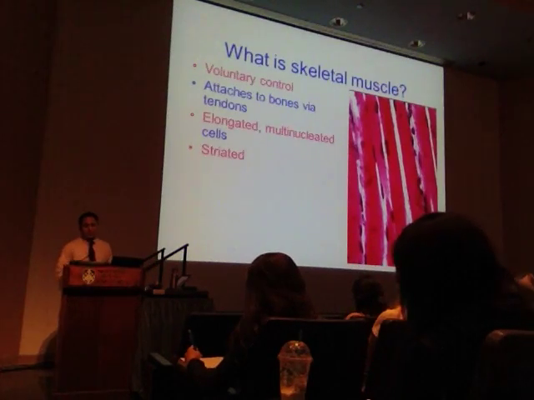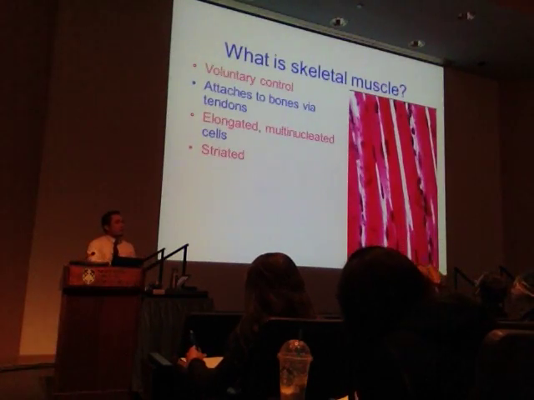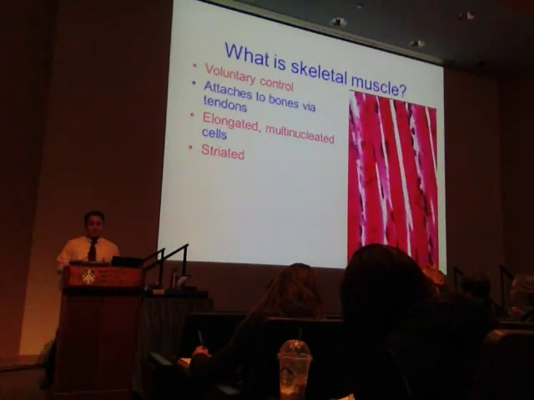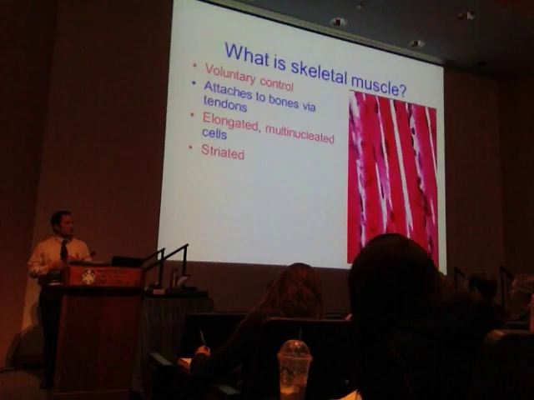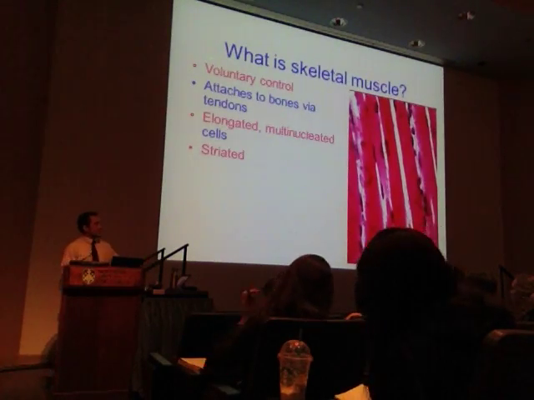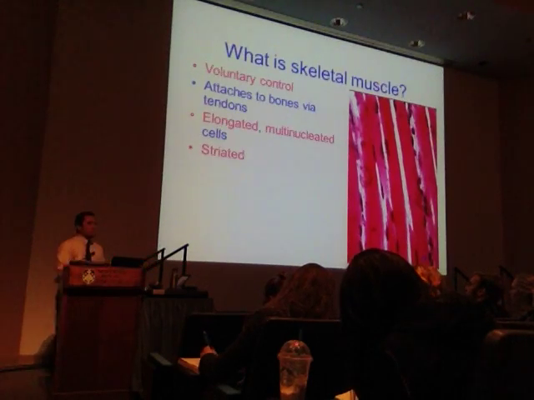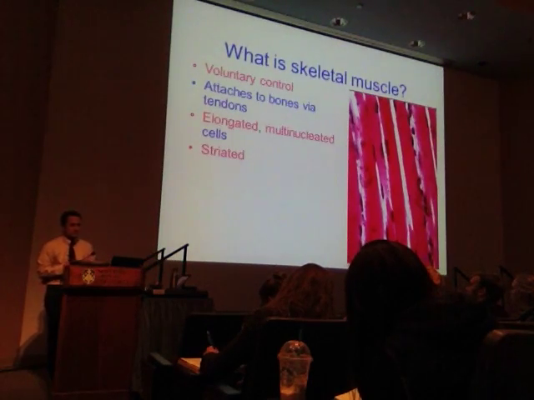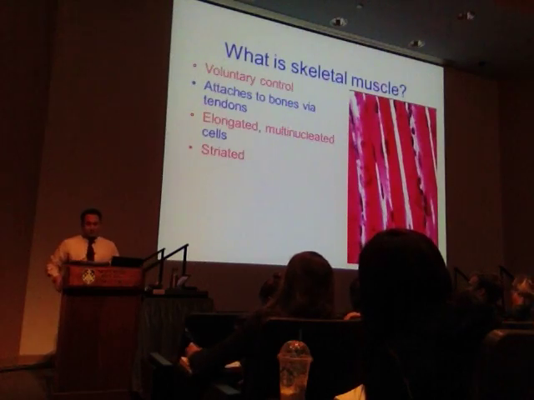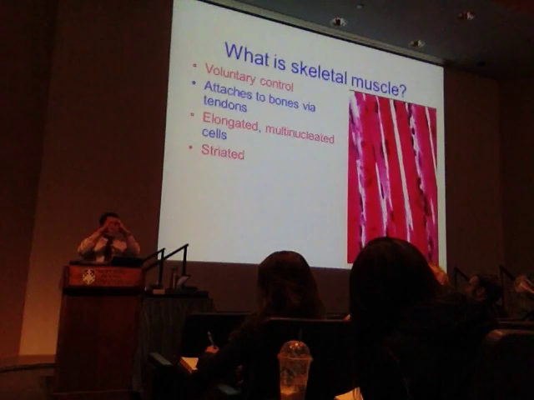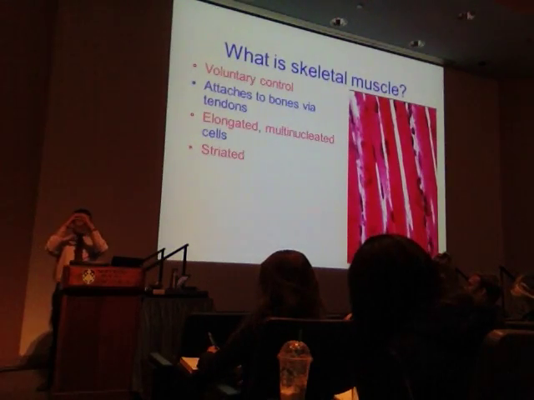So first up is skeletal muscle. This is under what we call voluntary control, primarily. It attaches bone to bones through the use of tendons. At the end of the muscle, there's a tendon organ that inserts into the bone that it's actually attaching to. They're elongated and multinucleated cells. It's not a typical cell that's round or even oval.